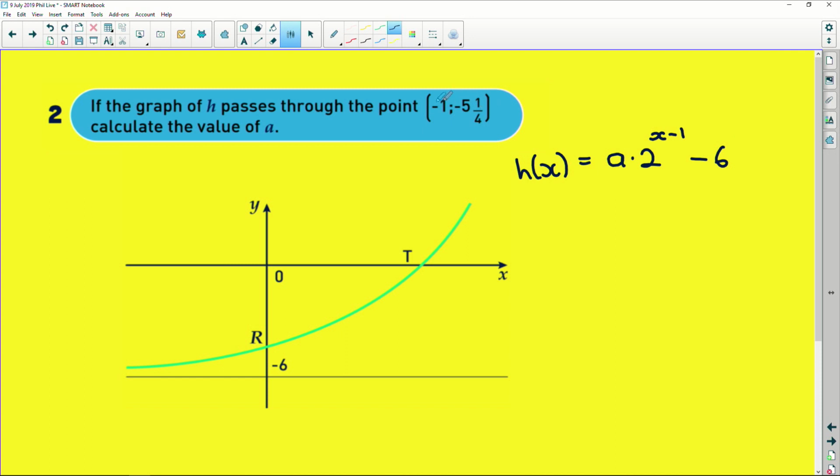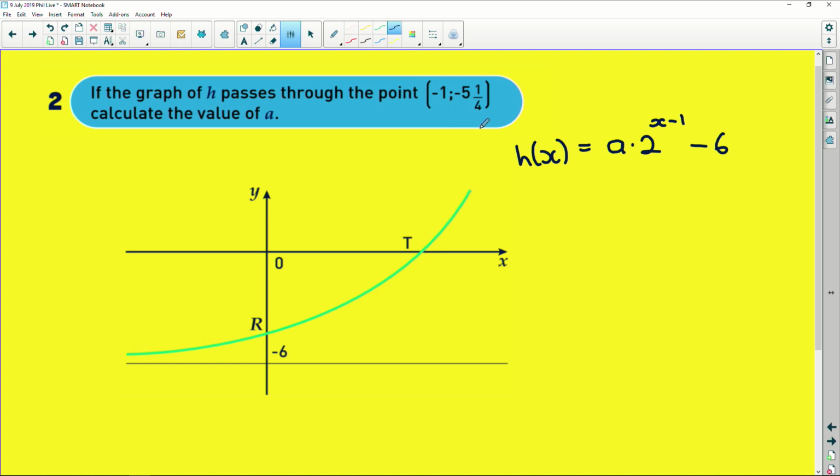So easy stuff here. We just substitute these values into that equation and we can solve for a. So h of x represents the y value. So we have -5¼ is equal to that unknown a multiplied by 2. So x is -1 over here, so we have -1 minus another 1, because it's x minus 1, minus 6.